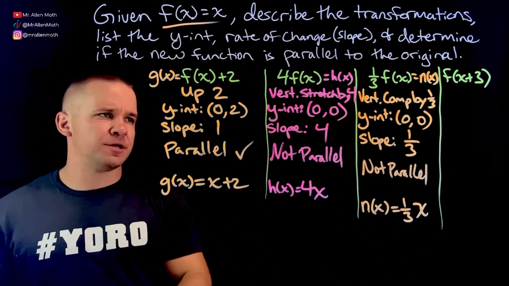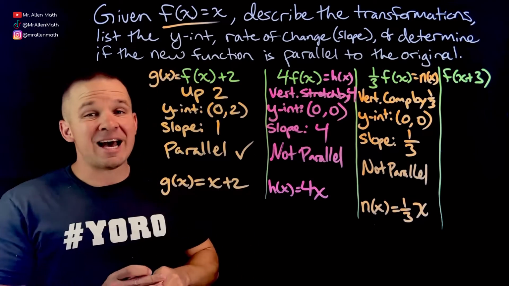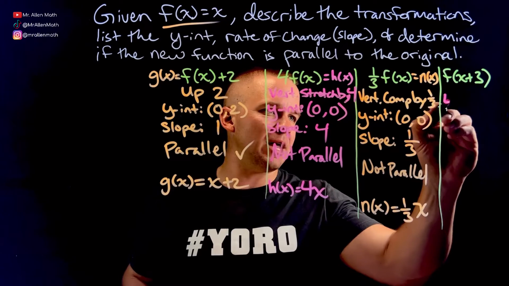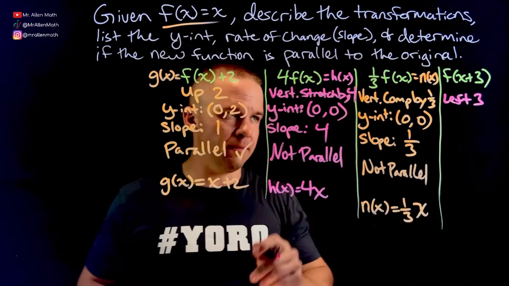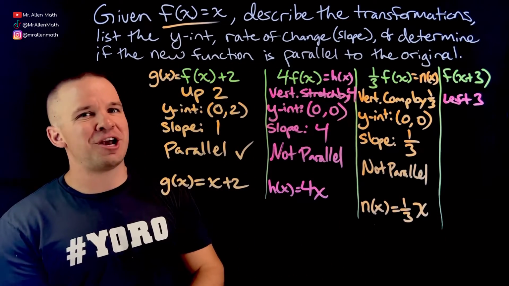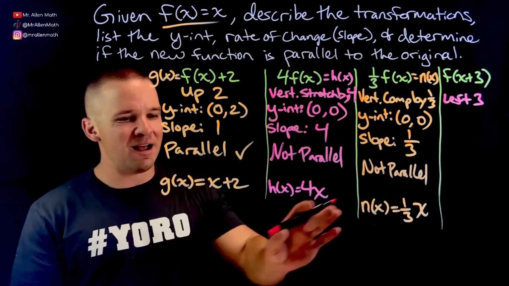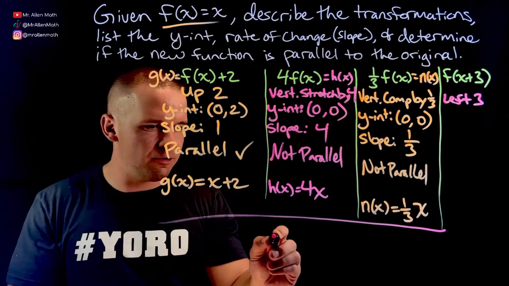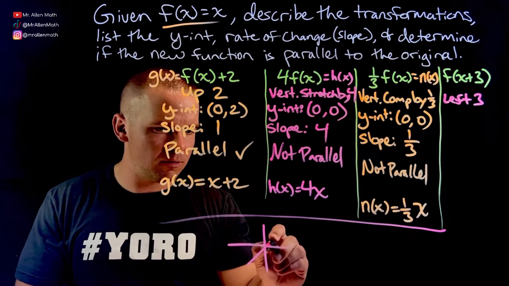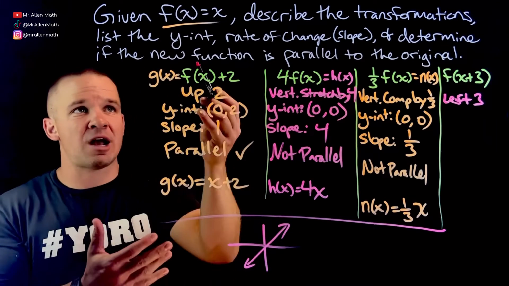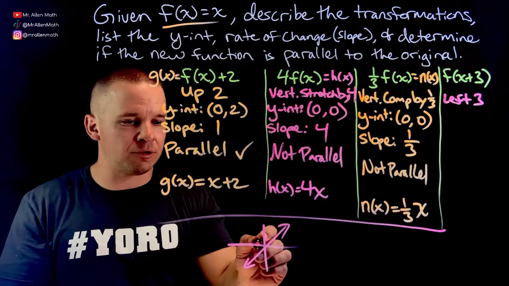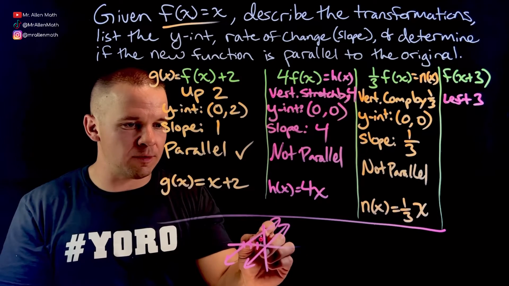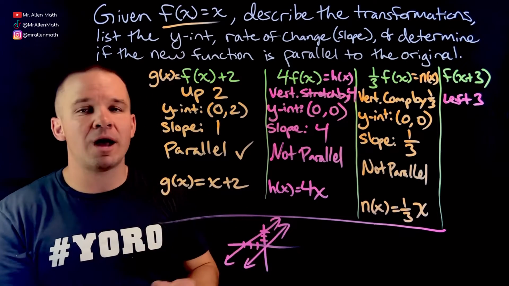All right, and the last one here. Last one. That is a shift to the left 3. It's the opposite of what you'd think on the inside, so we're going to go left 3. How is that going to change my y-intercept? This is a little bit tricky. I'm going to graph something right down here for our new function. If I take my normal y equals x, or f of x equals x, and move it to the left 3, 1, 2, 3, I didn't change the slope, so I'm going to be up 1, 2, 3 as well.